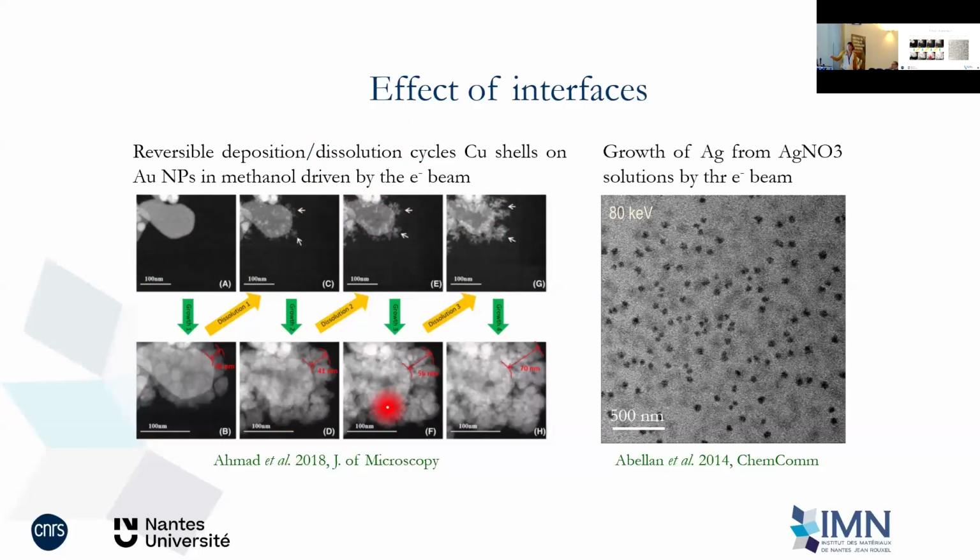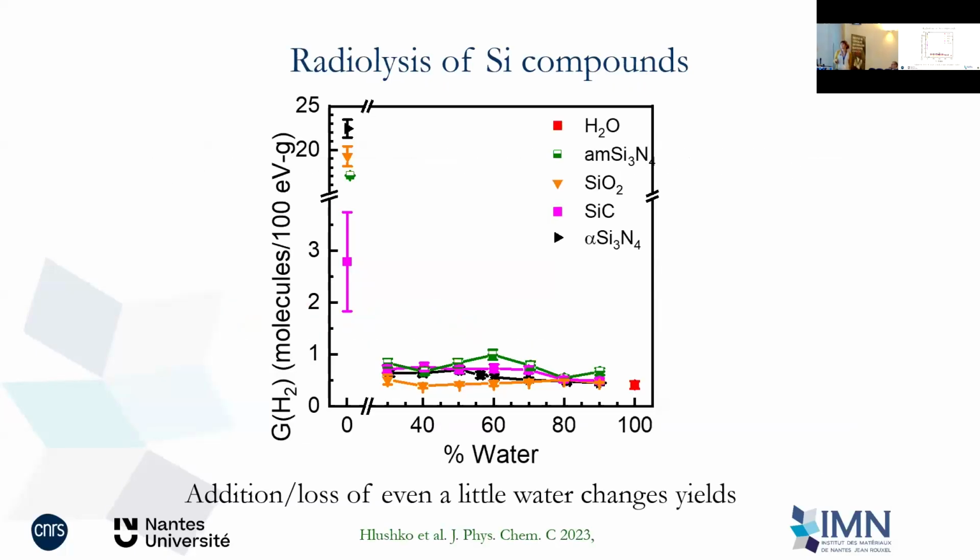You see this growth on the surface and then it dissolves. You can change your settings in the microscope, grow this thing, dissolve it, grow it again just by changing the parameters. And this happens only at interfaces, it doesn't happen in the solution. So the effect of interfaces is really important, and we don't understand it.